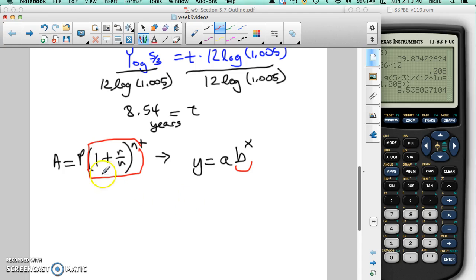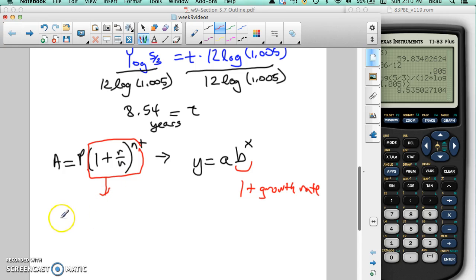So b is separated into 1 plus the growth rate, or 1 minus the growth rate if it was decay. So we want to evaluate this to figure out the growth rate.